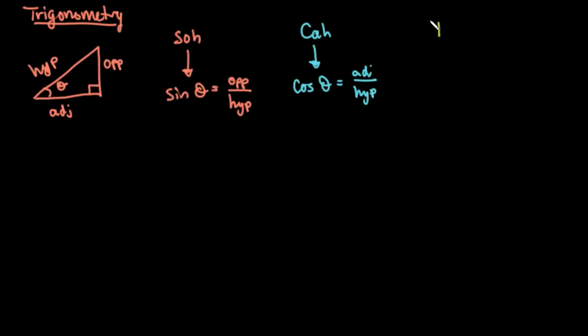And TOA: tan of your angle is equal to the opposite over the adjacent. So you can see that we have different formulas and we can use them to solve different things. Let's take a look at a couple of examples.